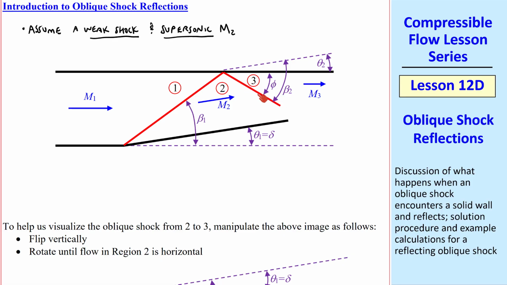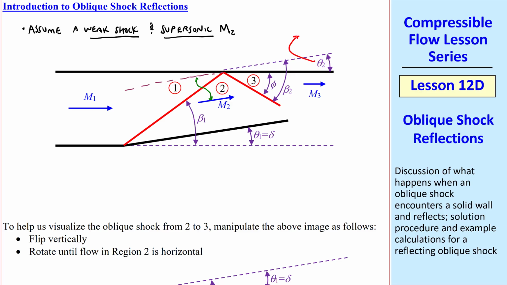When we go across the oblique shock, we go from 2 to 3 with shock angle beta 2 and angle change theta 2. And note that theta 2 is relative to the direction of M2, this line being parallel to M2. So from the flow's point of view, the change in angle is from this line as the flow approaches to this wall, giving us this theta 2.